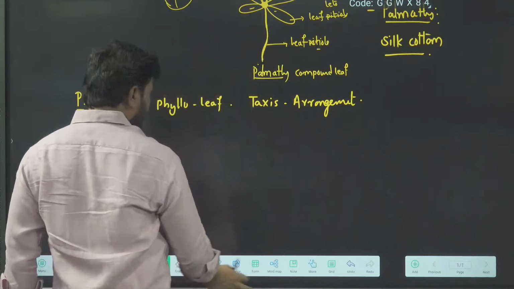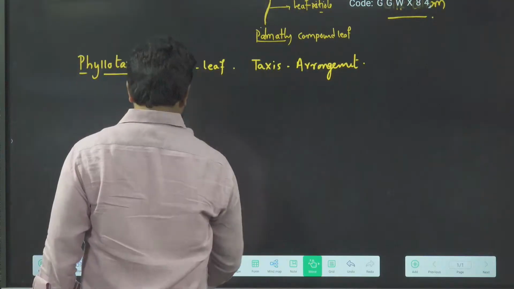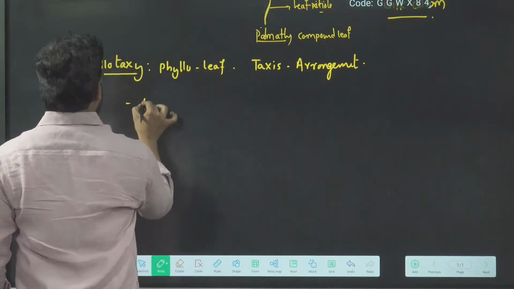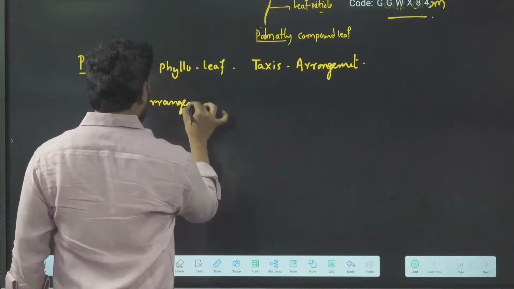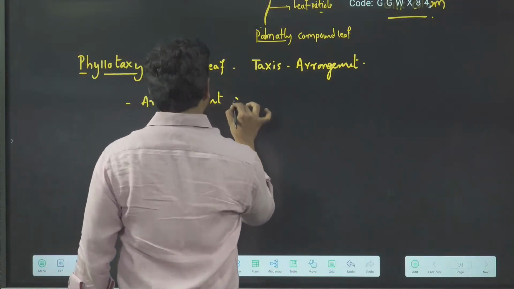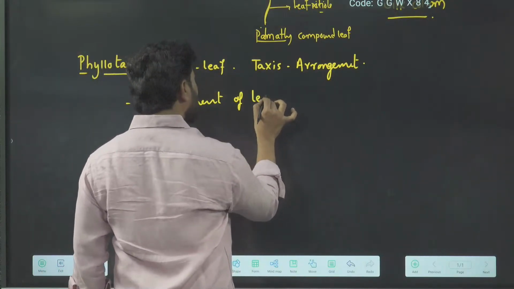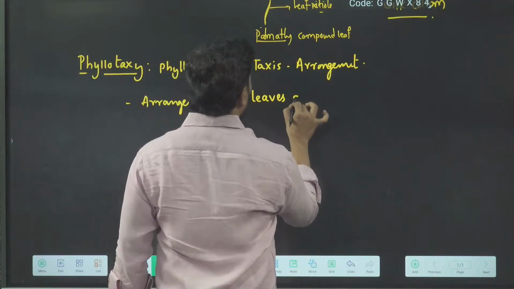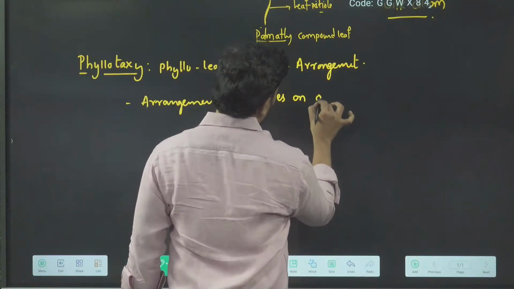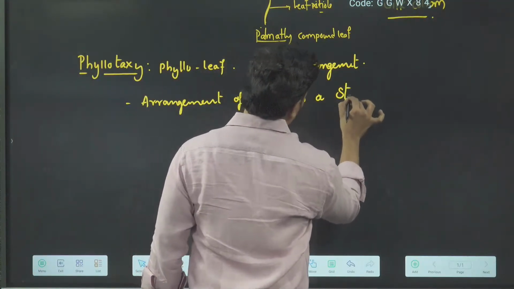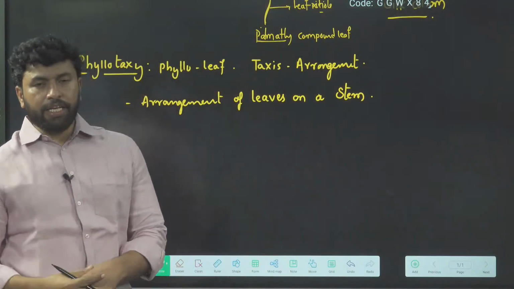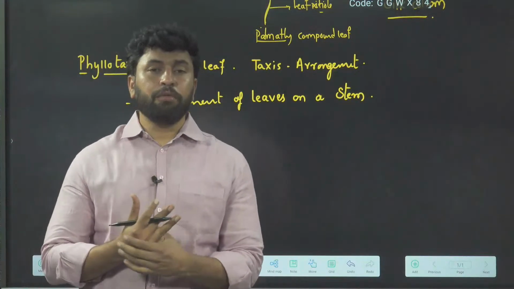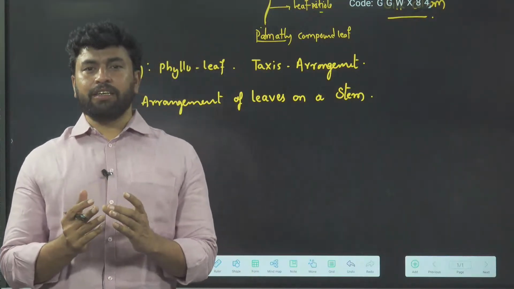What is this phyllotaxy? The arrangement of leaves on a stem. You take a stem and see how leaves are arranged on it. This phenomenon is called phyllotaxy.